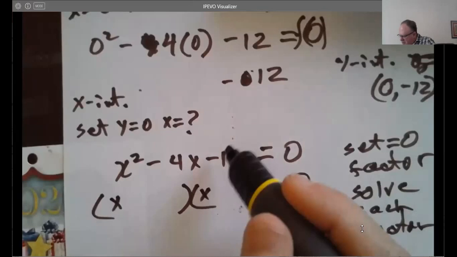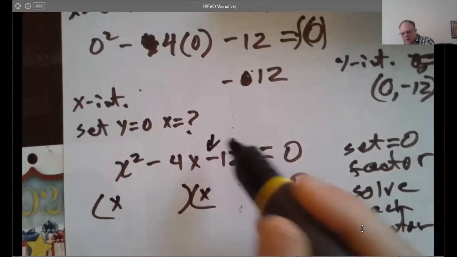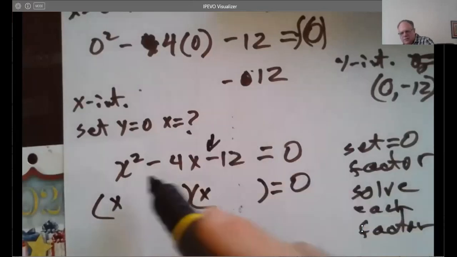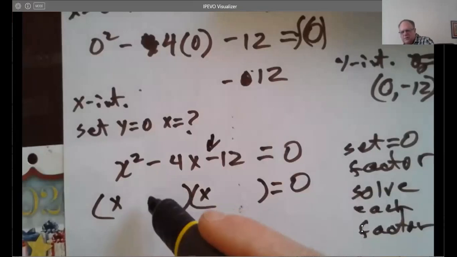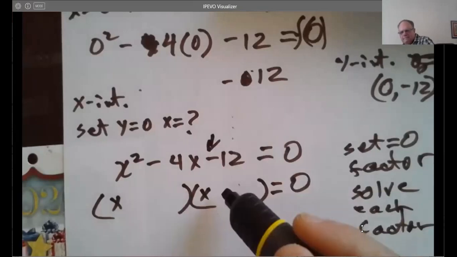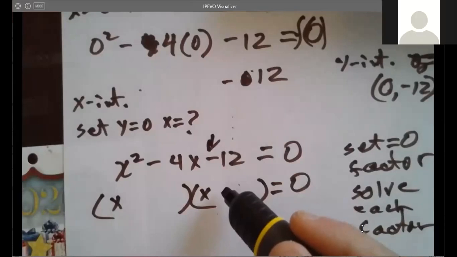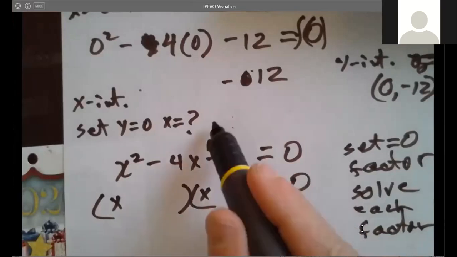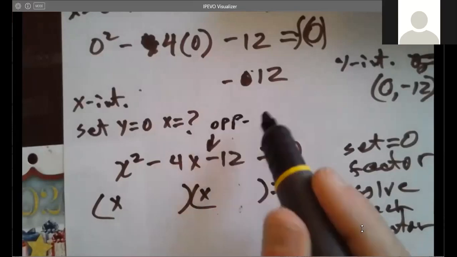This time, okay, the C term is a negative, so are the signs inside the parentheses going to be the same or opposite? Anybody? Opposite, right. Opposite signs.